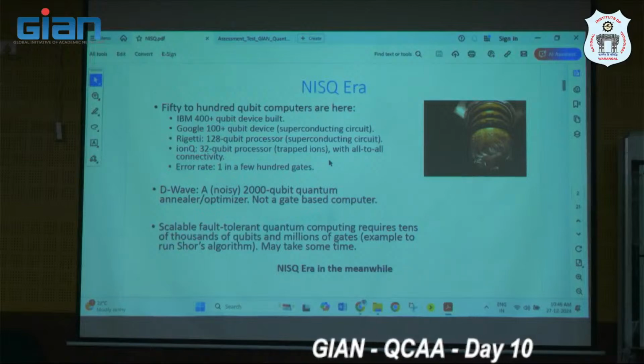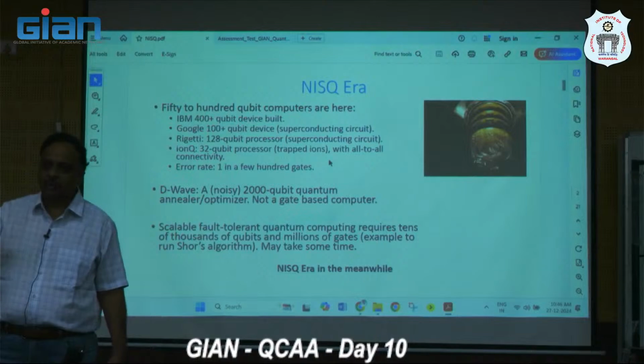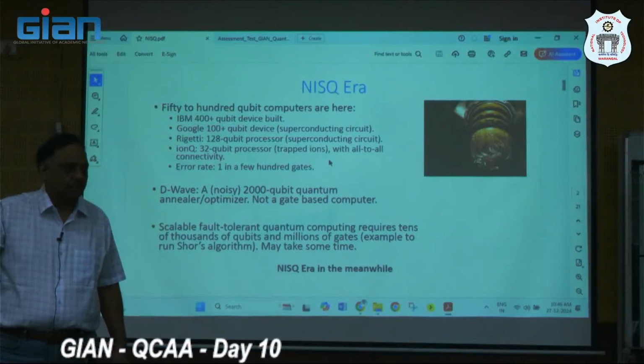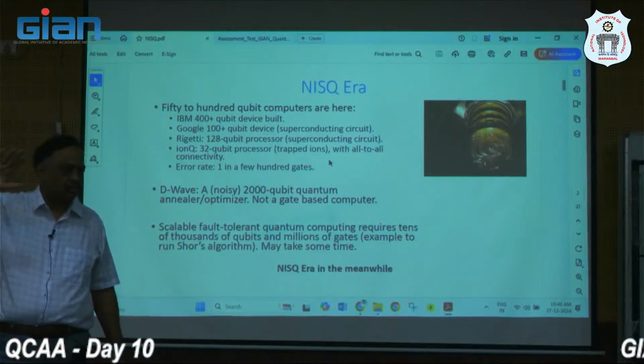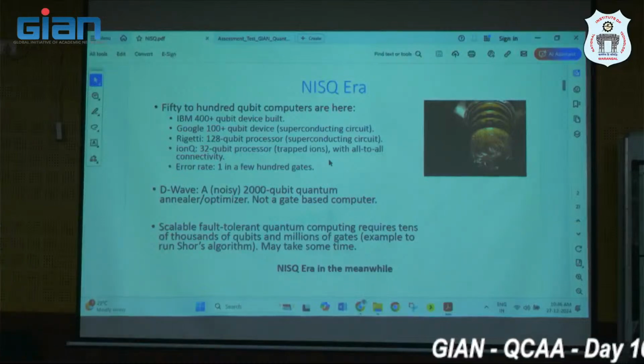Not easy to implement. On the other hand, the other trade-off is that nature itself doesn't want large superpositions. So you are fighting against nature at that end also. So the bottom line is it's not easy to implement such quantum computer hardware.